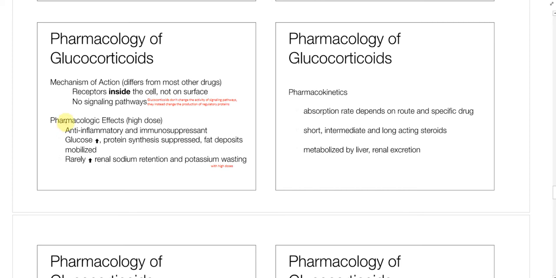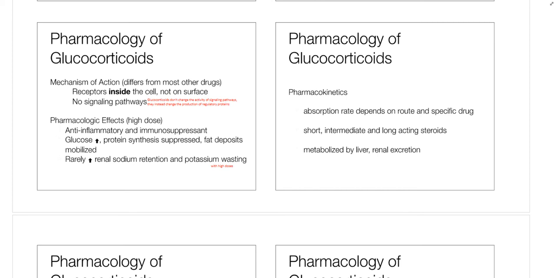And then on the pharmacologic effects, with the high doses, this is where we're going to be seeing those anti-inflammatory and immunosuppressant effects. We're still going to see a lot of that increase in glucose, the suppression of protein synthesis, and the fat redistribution for, forgive the terms, the pot belly, the moon face, and the buffalo hump.